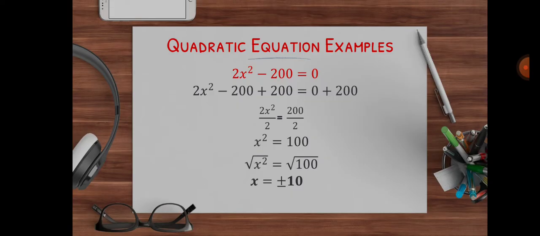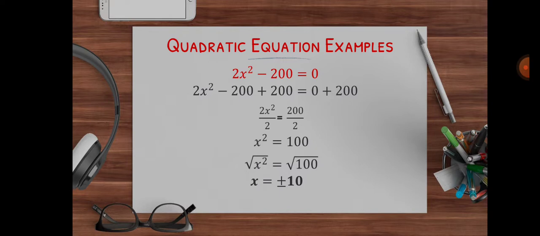So this is a problem of a quadratic equation. 2x squared minus 200 equals 0. How do we solve this? The first step is to get rid of the negative 200. How can we do that? Simply add 200 on the side of the negative 200, and on the other side also 0 plus 200.